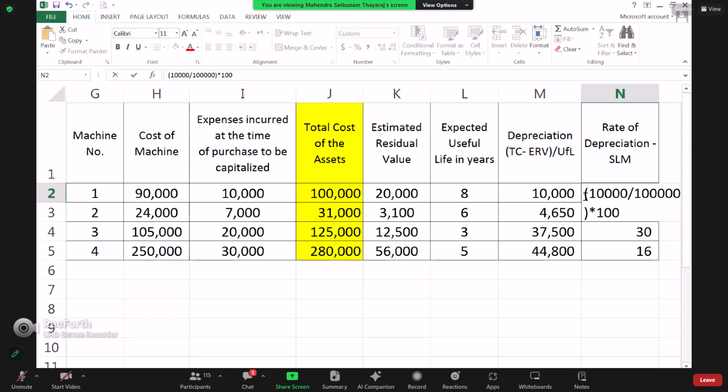So what is the percentage of depreciation in the total cost? 10,000 divided by 100,000 multiplied by 100 is 10%. Like that you have to calculate the depreciation. Okay, so I think it is okay.